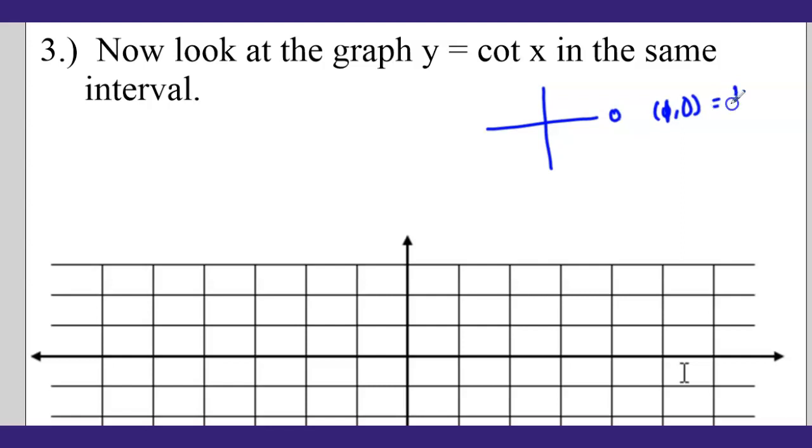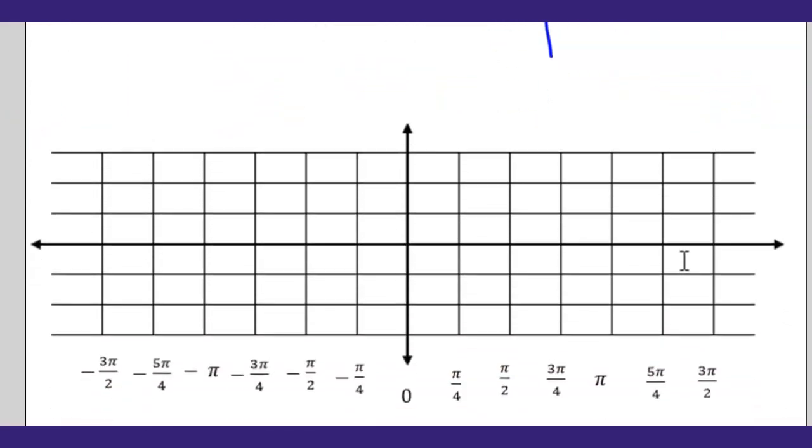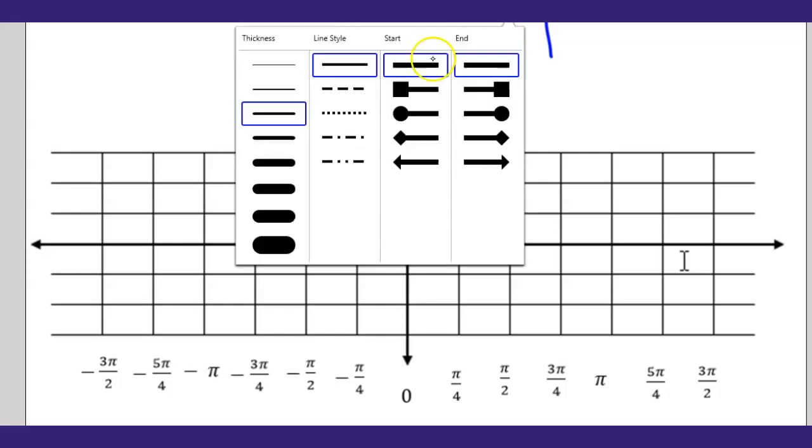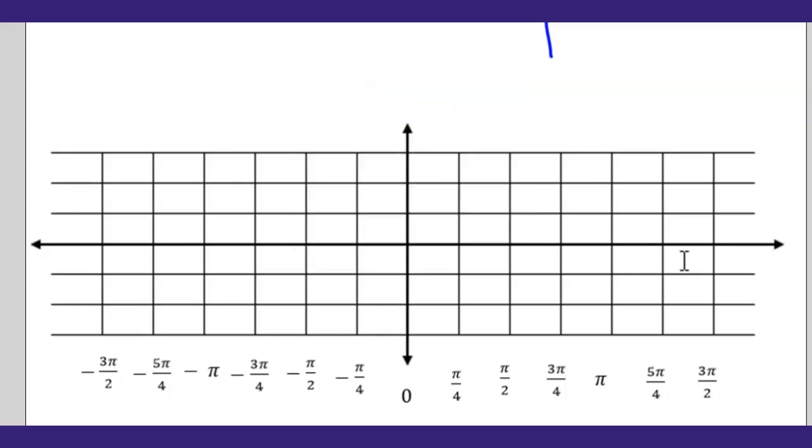Cotangent would be cosine over sine. That's undefined. So at 0, we're going to have an asymptote. At 0, we have an asymptote.